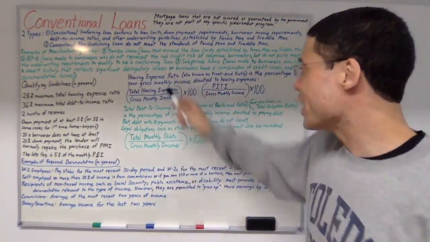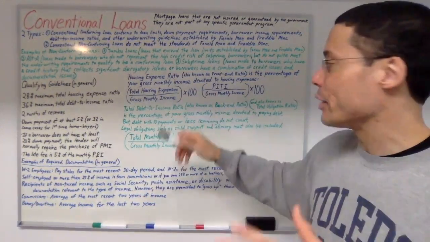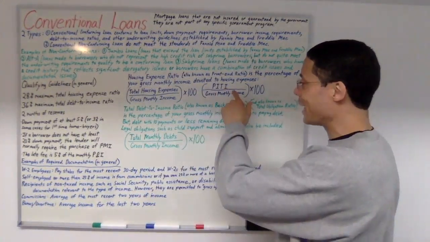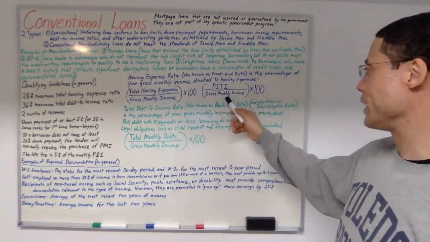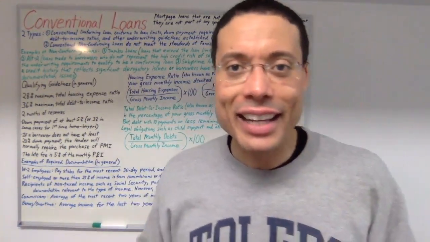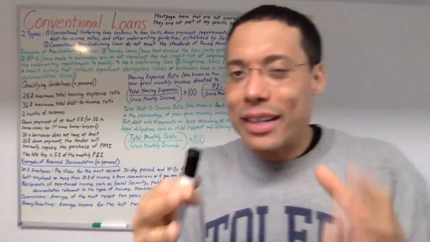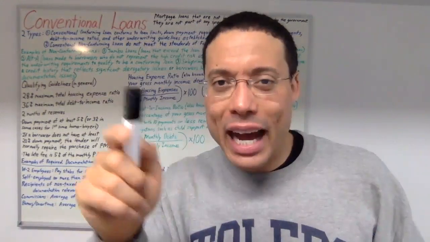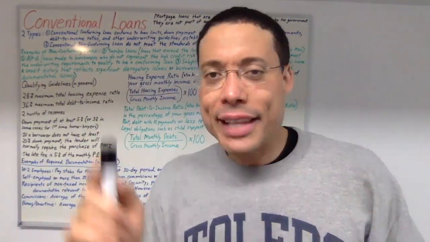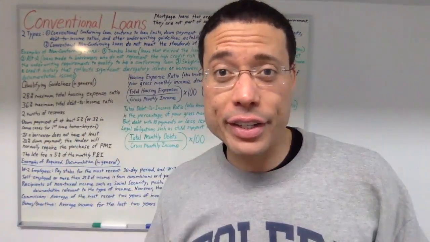Another way to write this out is take the PITI divided by the gross monthly income and multiply that by 100. What is the PITI? Well, the PITI is your total housing expenses, but what does that really represent? PITI represents principal, interest, taxes, and insurance.